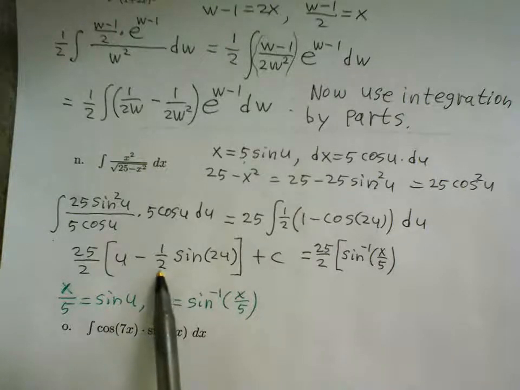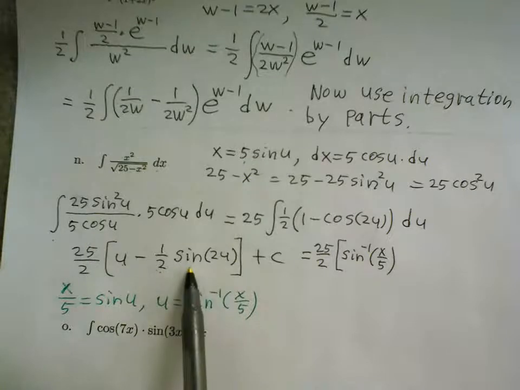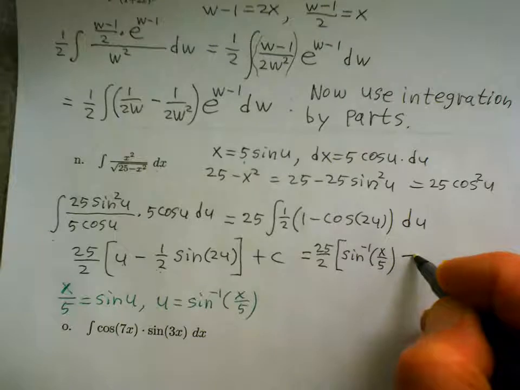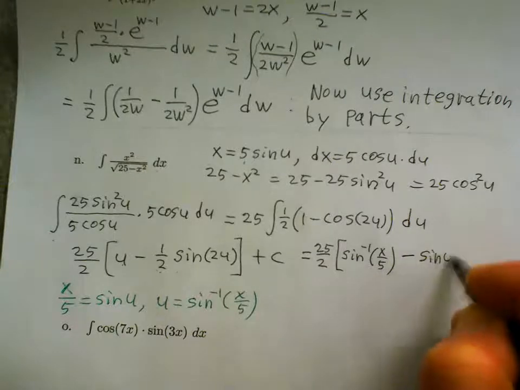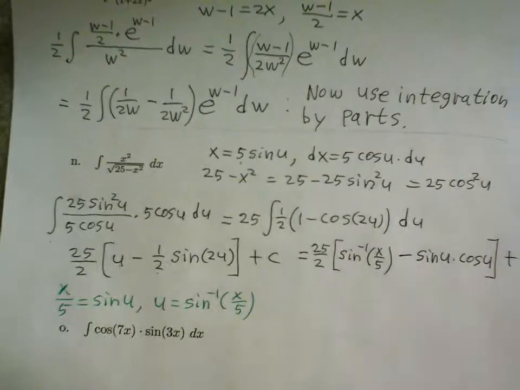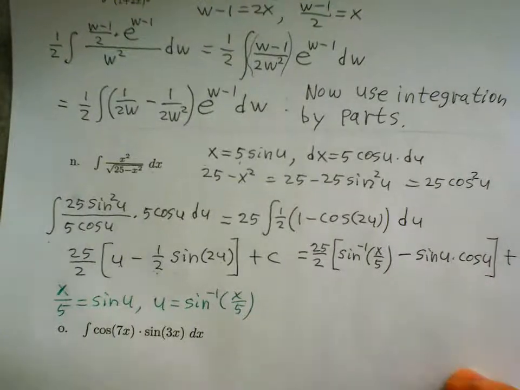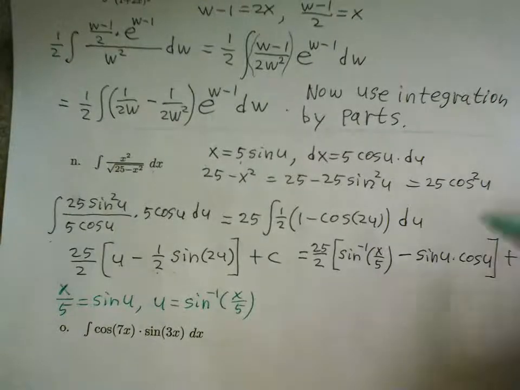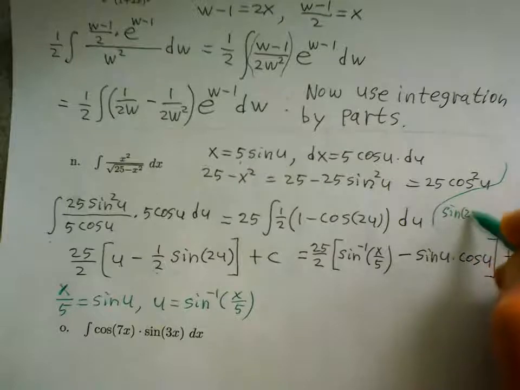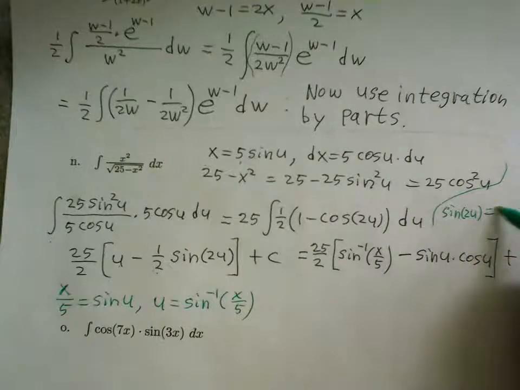So 1/2 times 2 times sine of u times cosine of u, we'll just get minus sine of u times cosine of u. So the identity I used for sine of 2u, again, sine of 2u is 2 times sine of u times cosine of u.